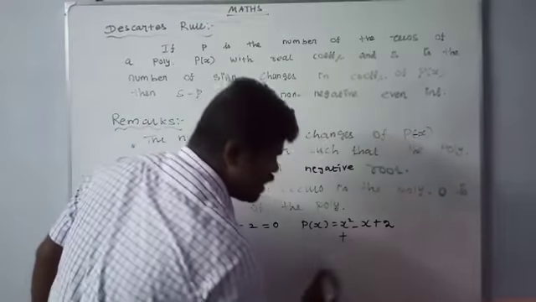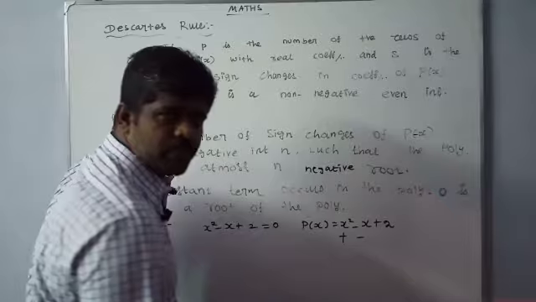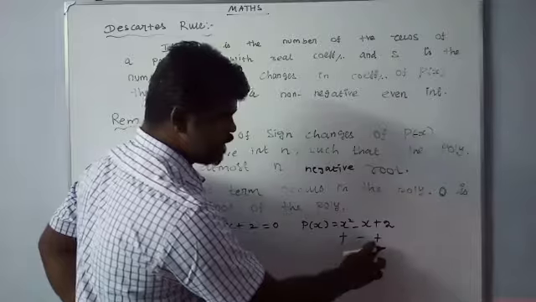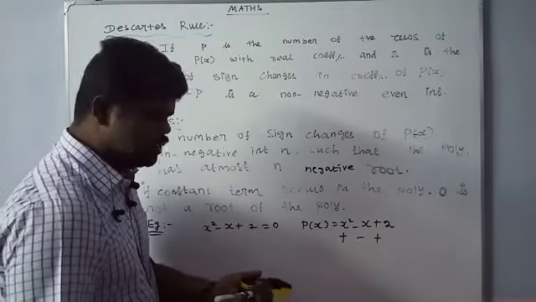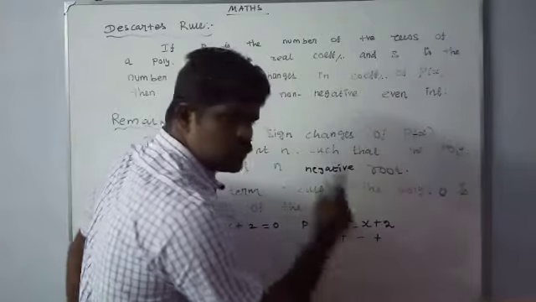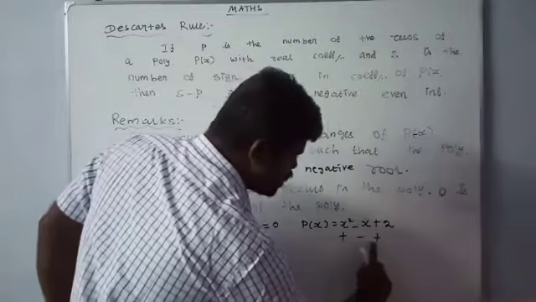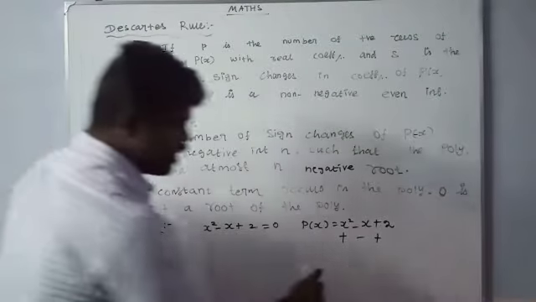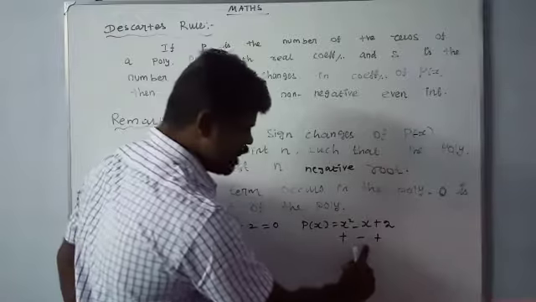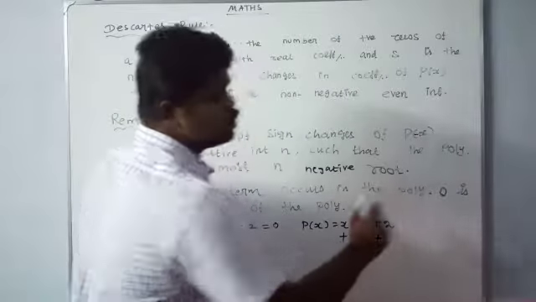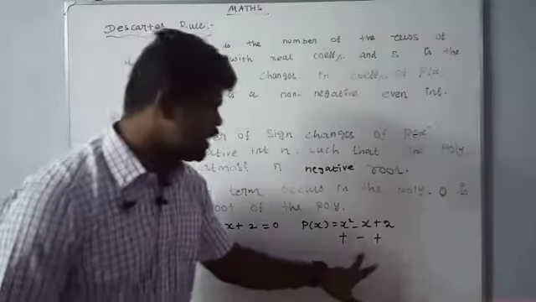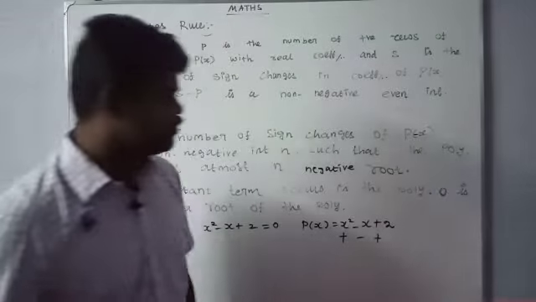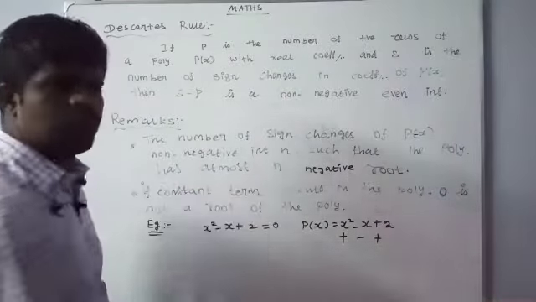So the signs change here and here. Plus to minus is 1 sign change and minus to plus is another sign change. Totally 2 sign changes. Therefore, the polynomial has at most 2 positive roots. Right. This is the explanation of this point.